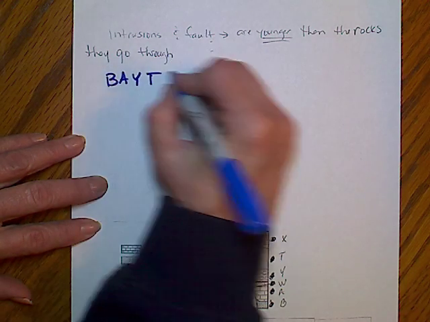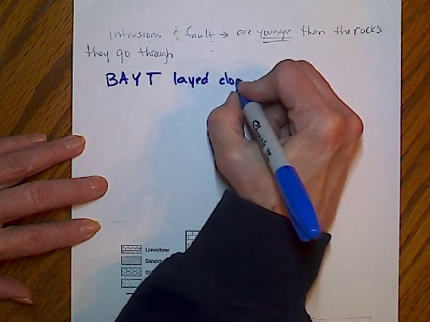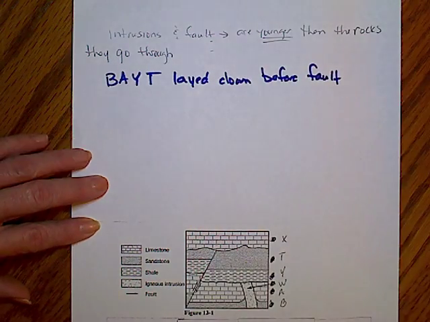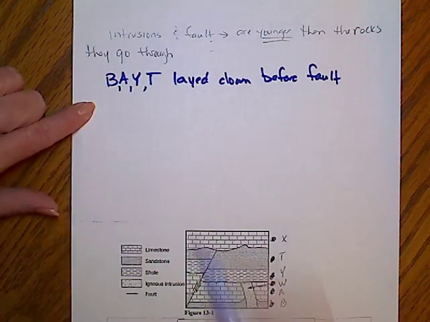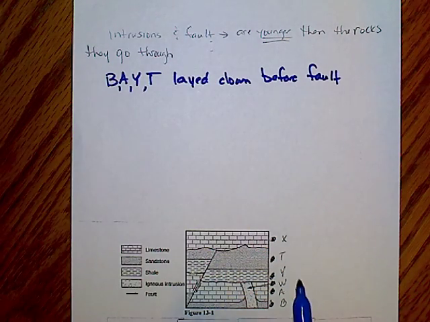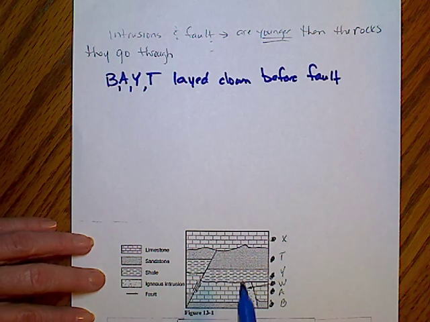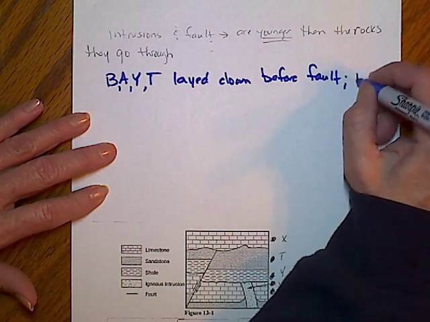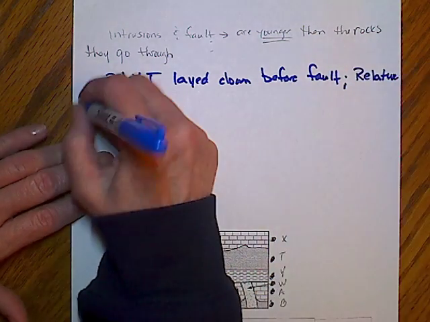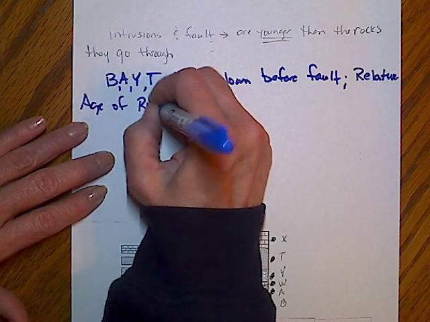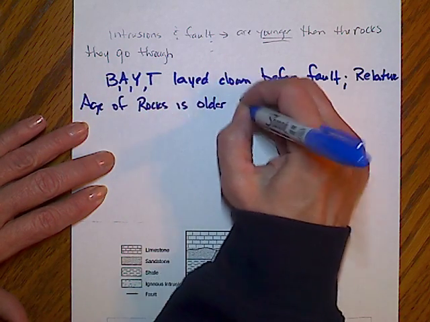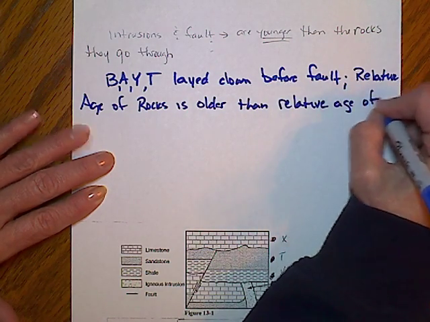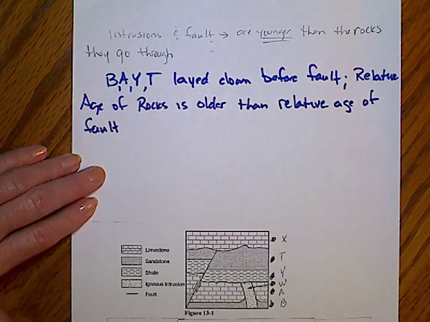With that said, that tells us that the relative age of the rocks is older than the relative age of the fault. That's how you would say that.